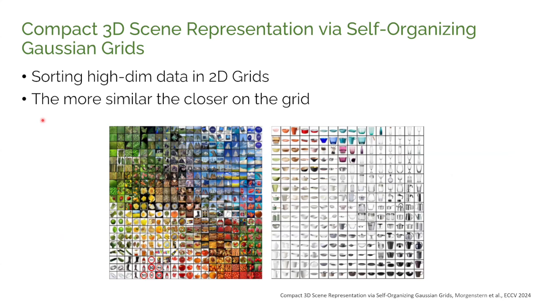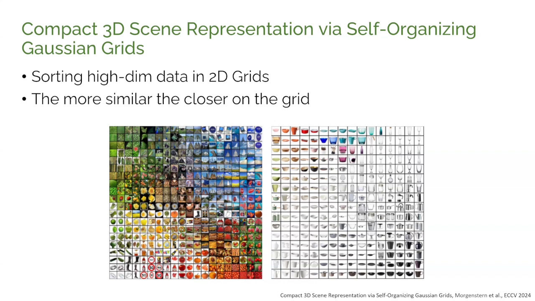So here's what they did. Each 3D Gaussian is a high-dimensional vector, but it lives in 3D space. In order to use a 2D codec, they have to reduce it down to 2D. So they used a technique from point cloud compression, which they call sorting.